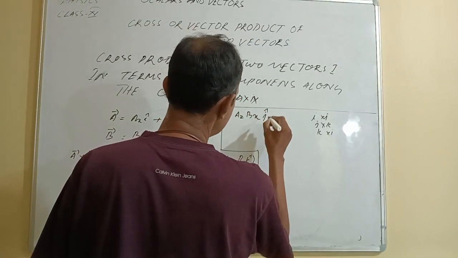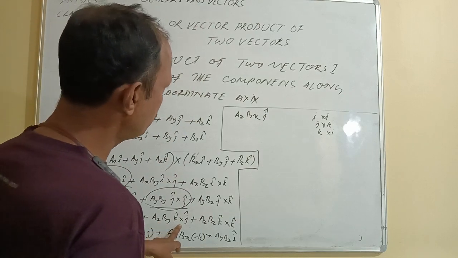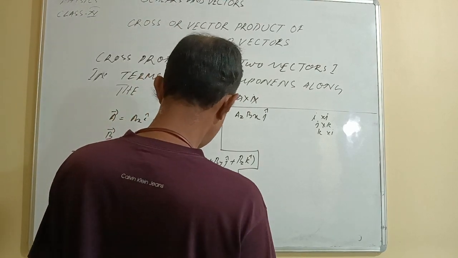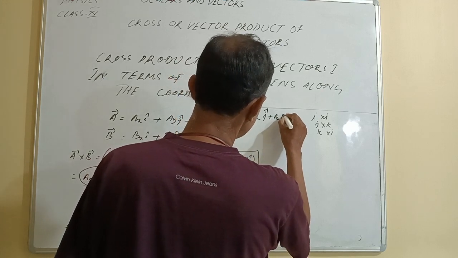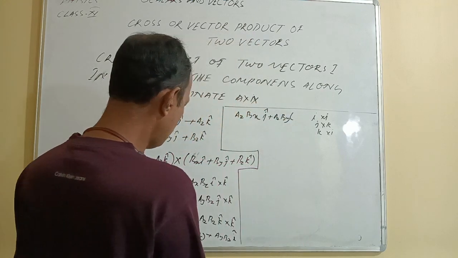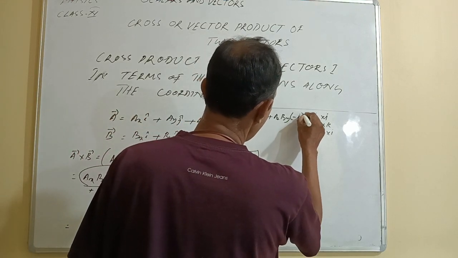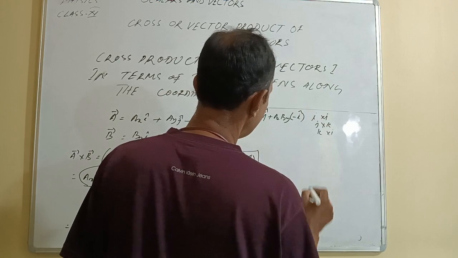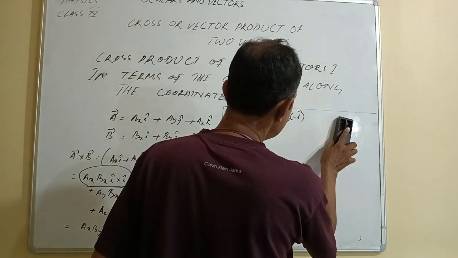So we write this as J cap. Okay, next one, K into J. That means I shall write AZ BY. In place of K into J, I shall write minus I cap. So this is finished.